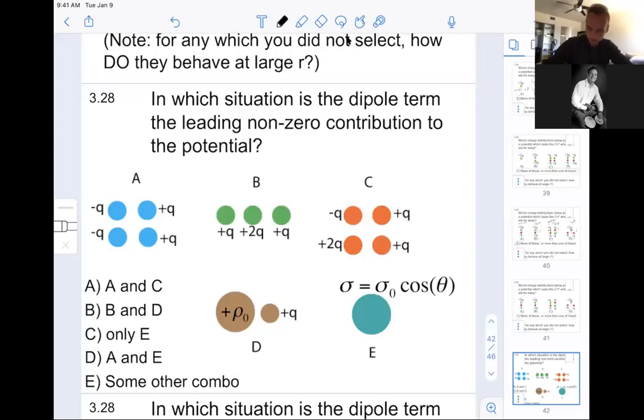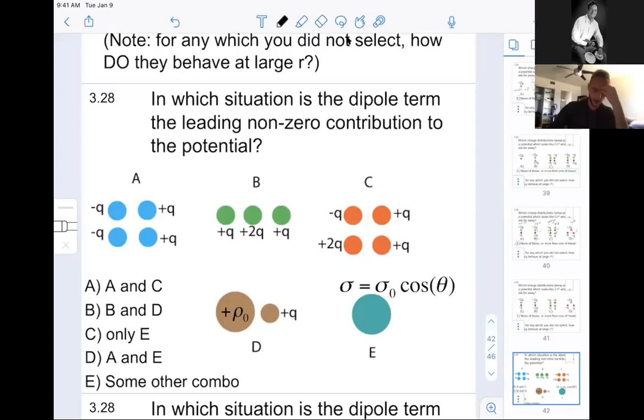Yes. So which direction do you think the dipole moment will be pointing? Liam argued it pointed to the right, and then I argued it was pointing straight up. Let's do the simplest one.